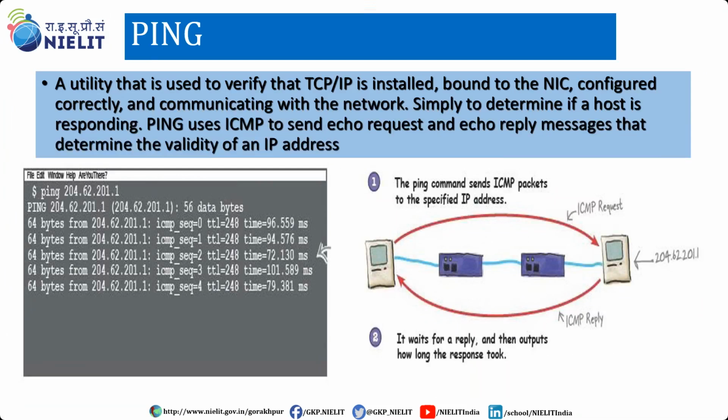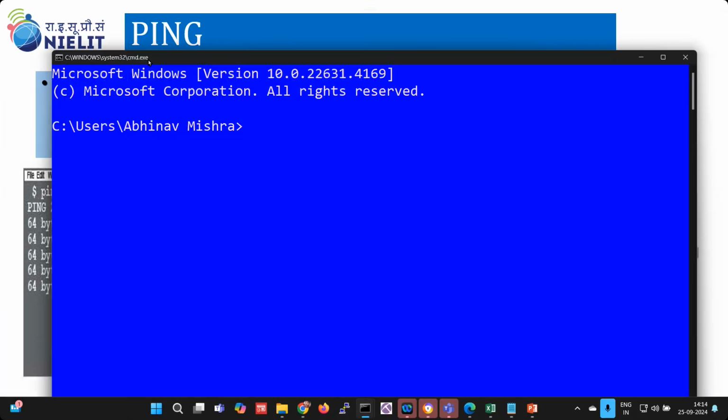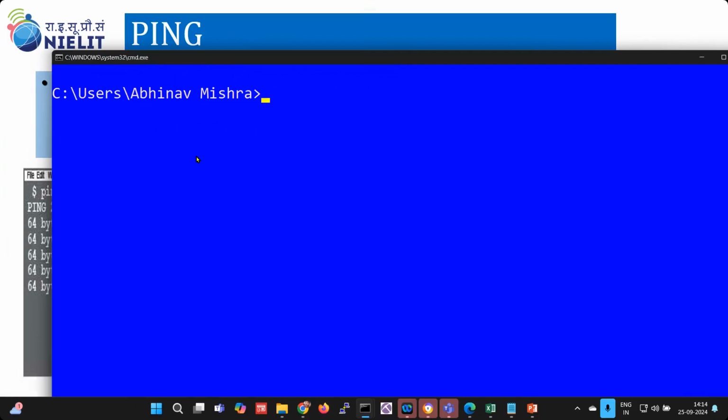So normally what happens in ping, now coming to the command prompt, we can type ping, and if you want to test the connectivity to the target machine, suppose I want to check connectivity to some computer. Suppose this is one of the computers in our LAN.